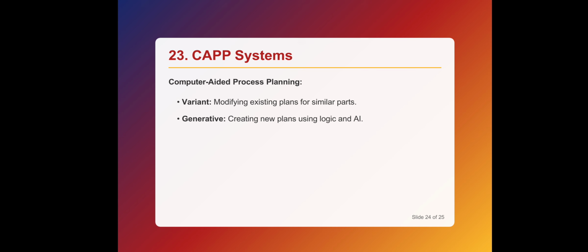So the CAPP systems, I also told you about the variant and generative. Computer aided process planning includes two different CAPP systems, variant and generative. The variant means modifying existing plans for similar parts.